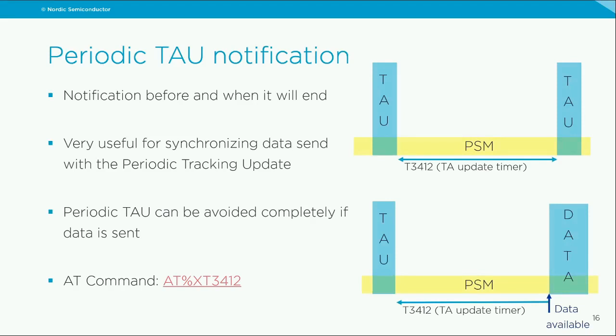So this notification feature here tells you just before you're going to do this tracking area update, so you can synchronize external devices to turn on, for example, before this tracking area update, or that you, for example, send data included with this periodic tracking update to save a little bit of power to send data while the radio is on.